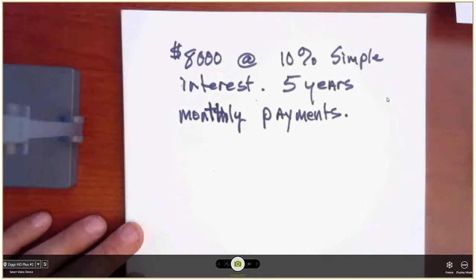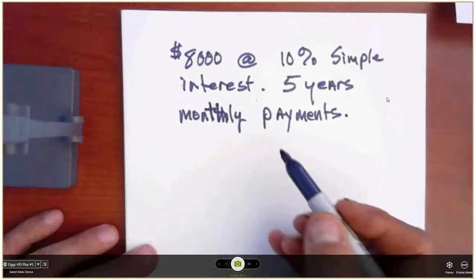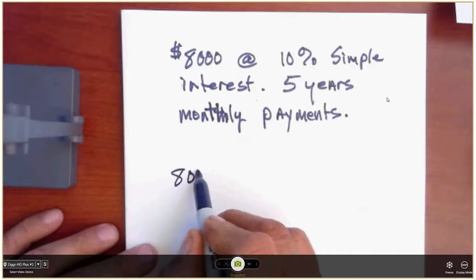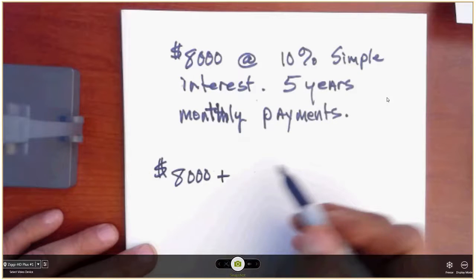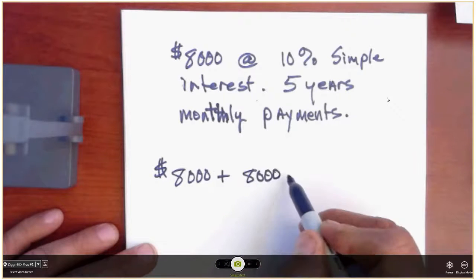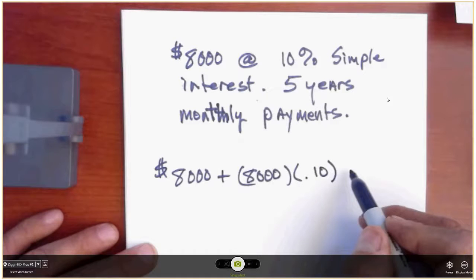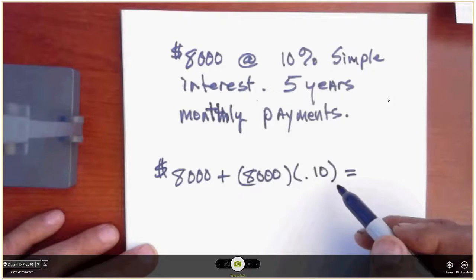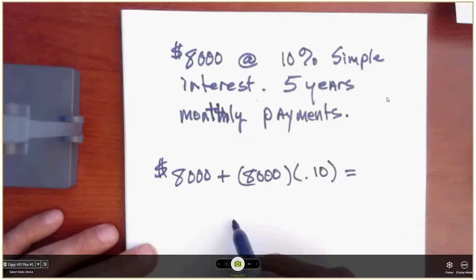You could easily do the Walmart equation here. Yep, 10% of 800. But you have to do 2 steps because of the 5 years. So you could do 8,000 plus 8,000 times 0.10. Well, you know that 10% of 8,000 is what? 800. So that'd be $8,800.